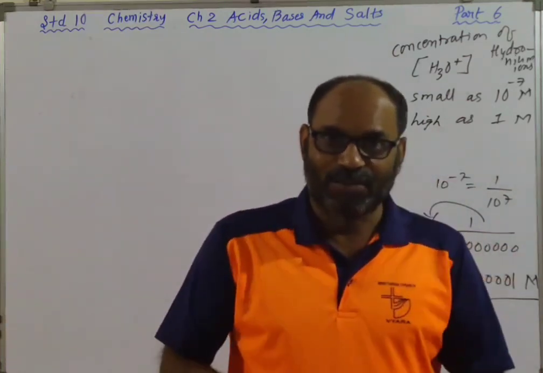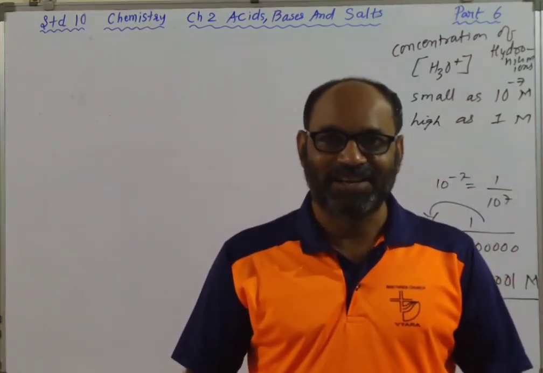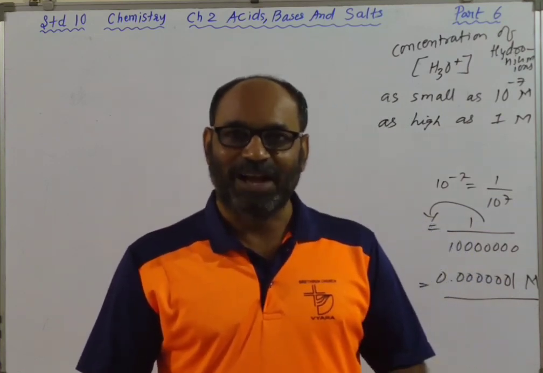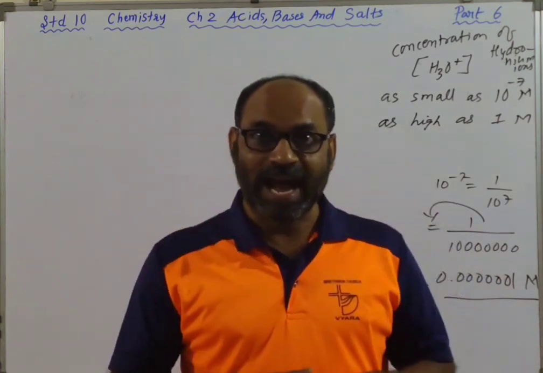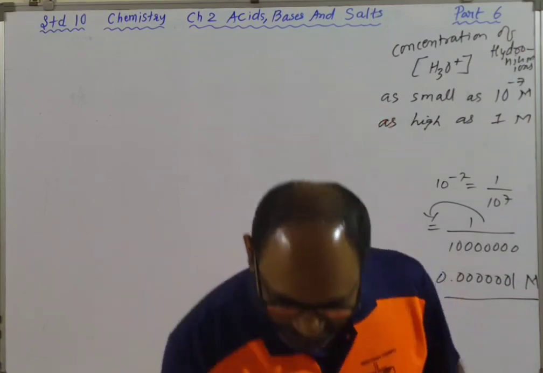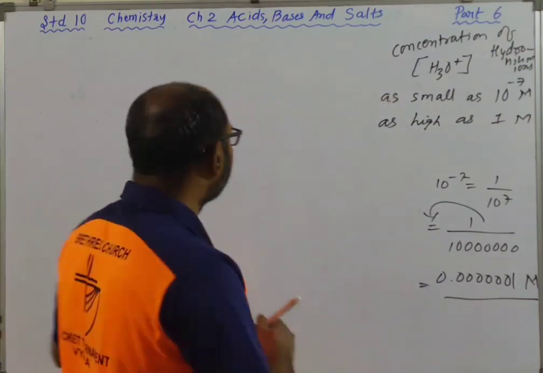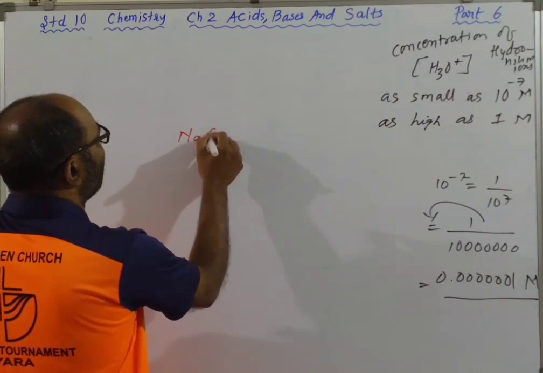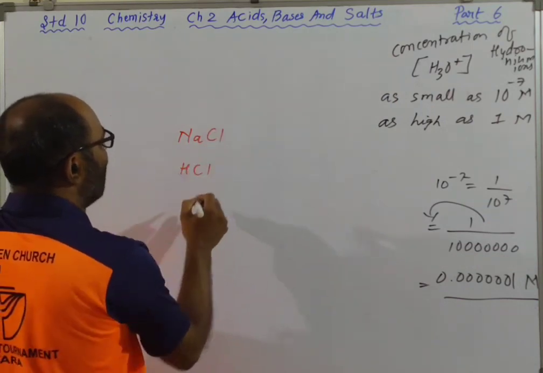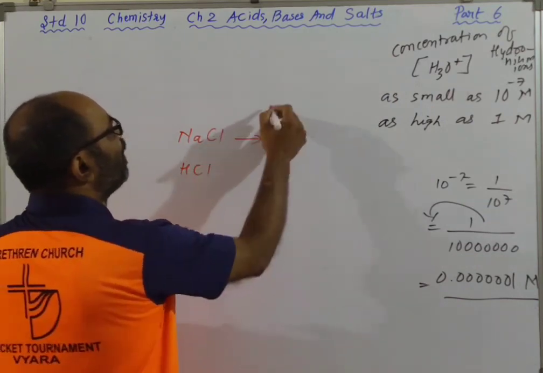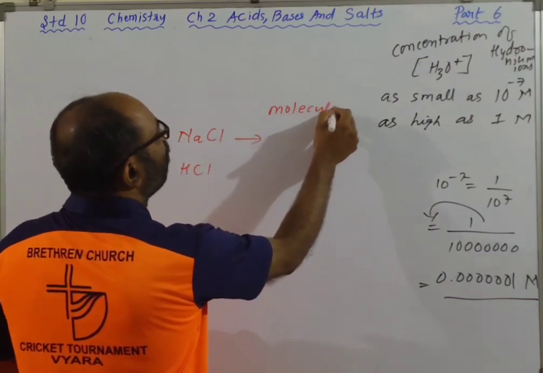Now you want to know what is molar. Go back and see the revision videos of chemistry. The mole concept has been given, but still I'll repeat here. Suppose you have NaCl and you have HCl. Alright? So first you find out the molecular mass.